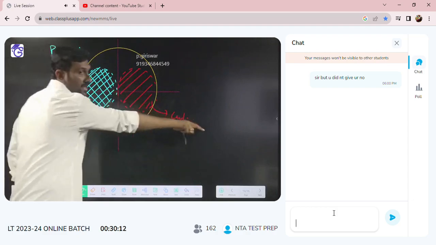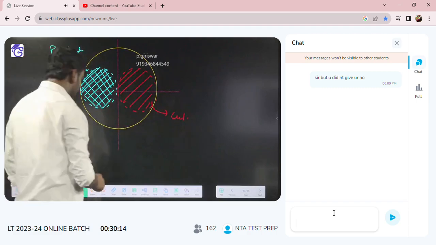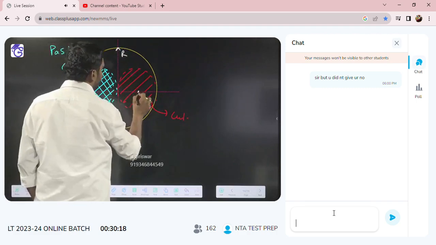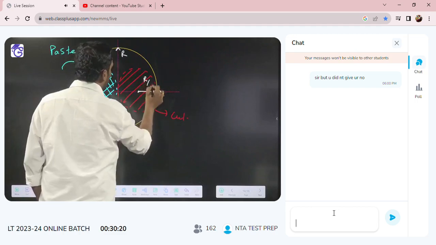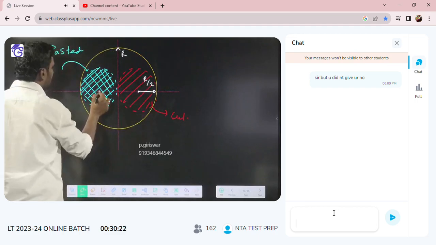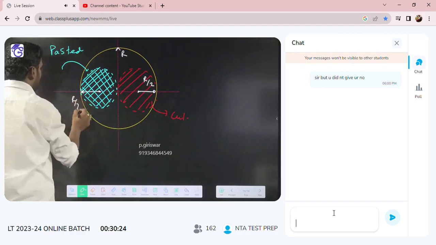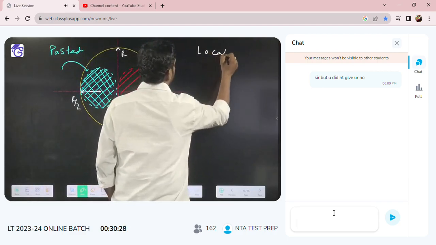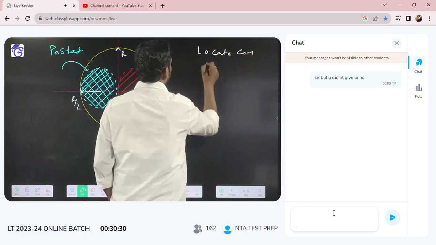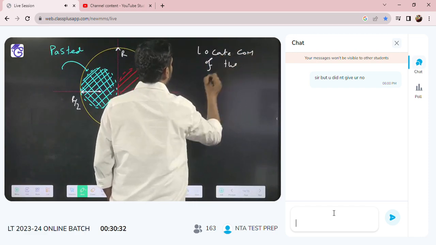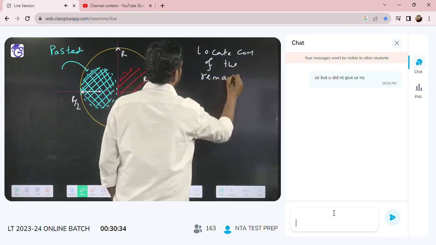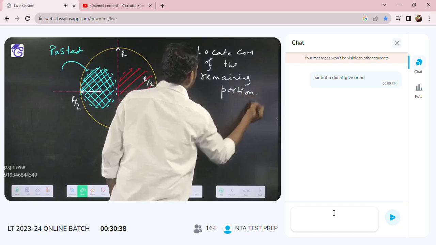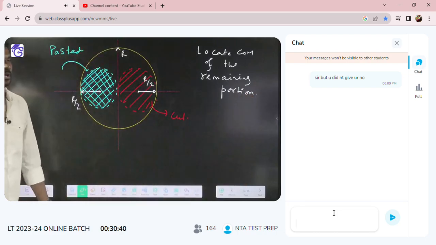This radius is R. This is R by 2. This is obviously also the same, R by 2. They are asking, locate the center of mass of the remaining portion.